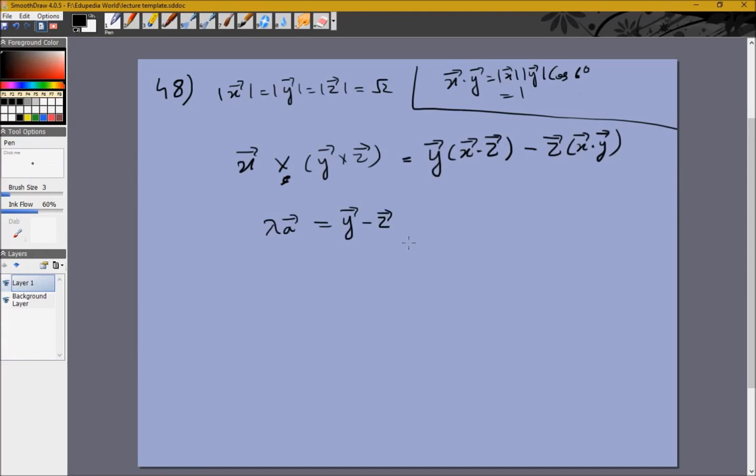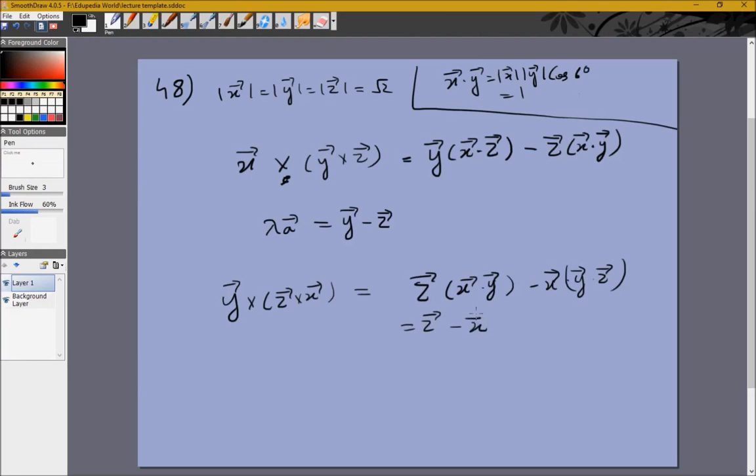Similarly, we are given b is a non-zero vector perpendicular to y and z cross x. So it is y cross z cross x, which we can write from the BAC-CAB rule as z times x dot y minus x times y dot z, which is again z minus x.